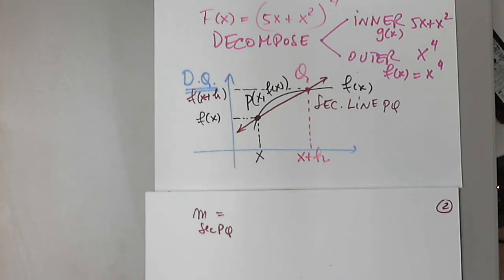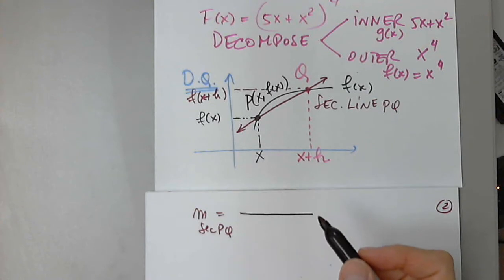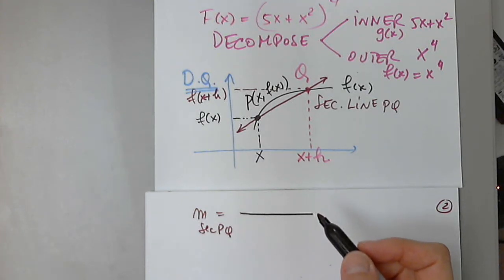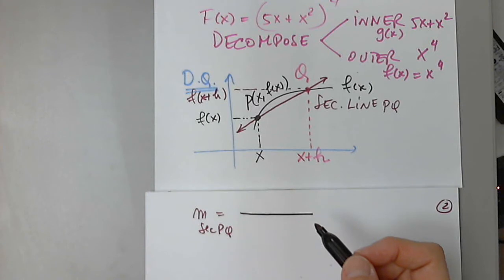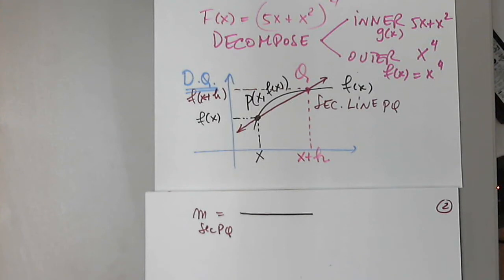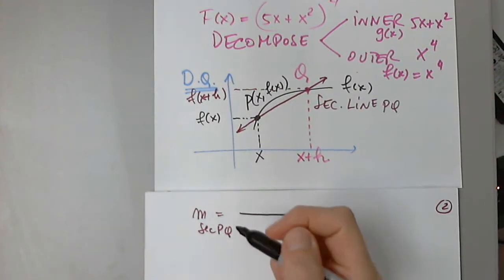If we have 2 points, we learned that. f of x plus h minus f of x. No, we don't jump like that. Nice try. The slope of a line given 2 points. Rise over run. Exactly.